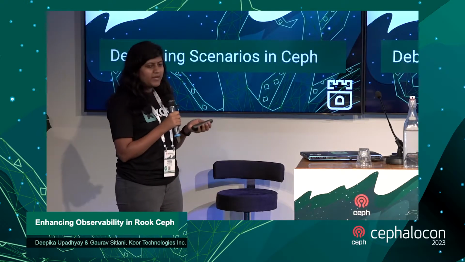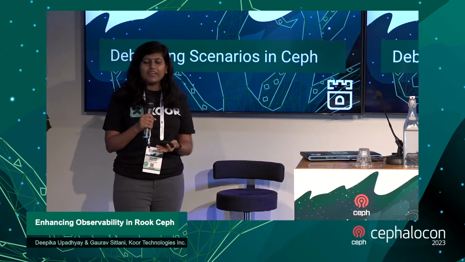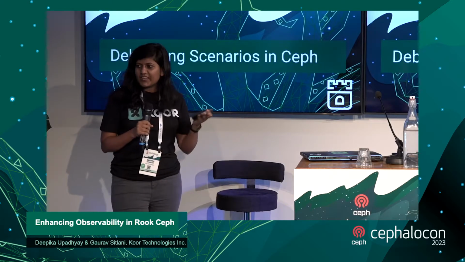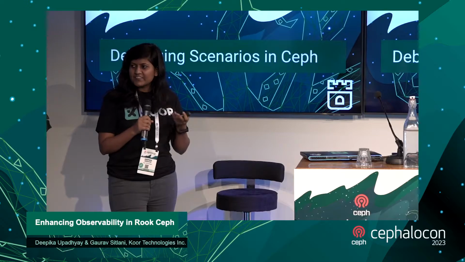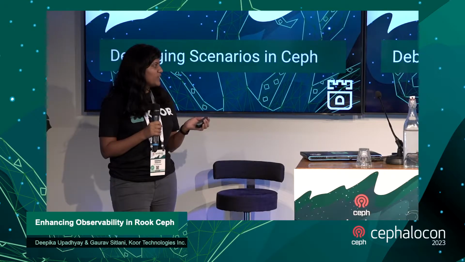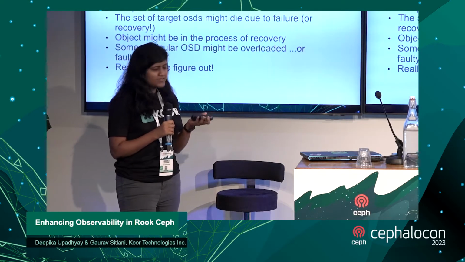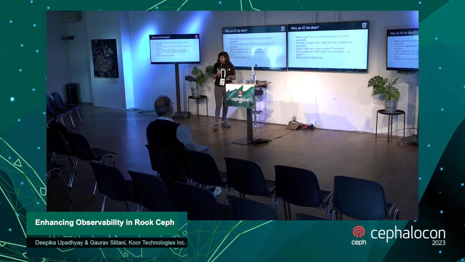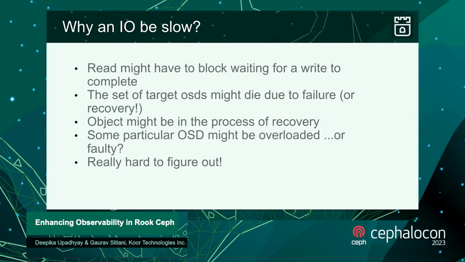To understand why we needed tracing, we can stress the debugging scenarios in Ceph that we deal with. One such scenario is OSDs becoming slow, or having slow operations around OSDs. There could be various scenarios originating in OSDs that might lead to it. There could be a blocked write waiting on it.